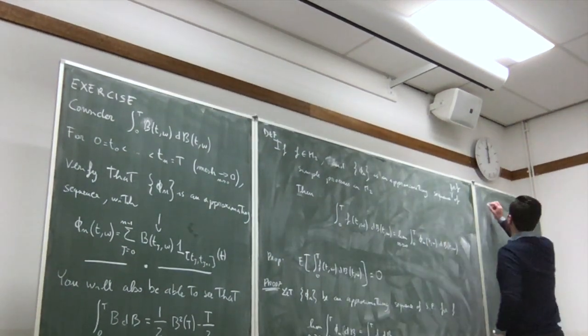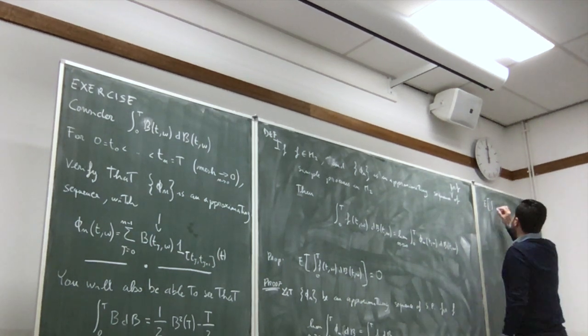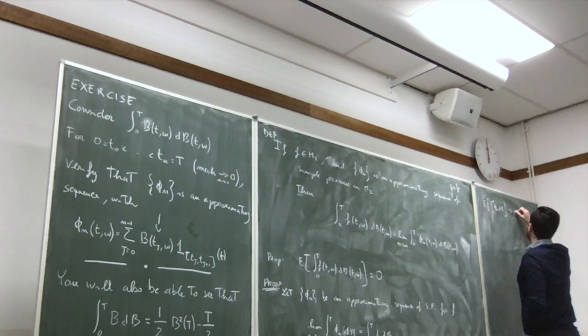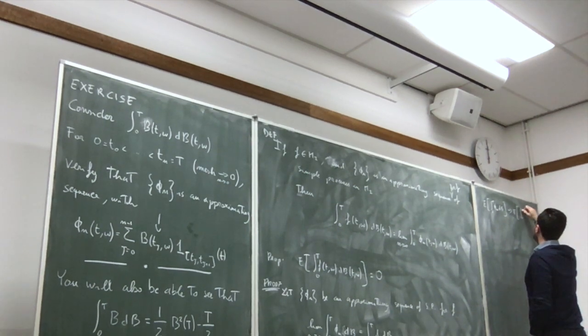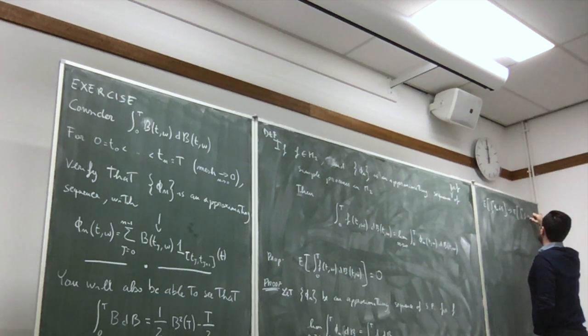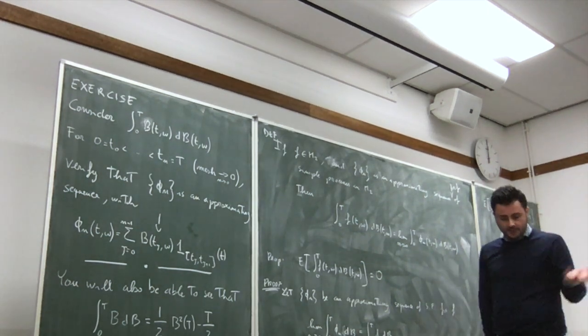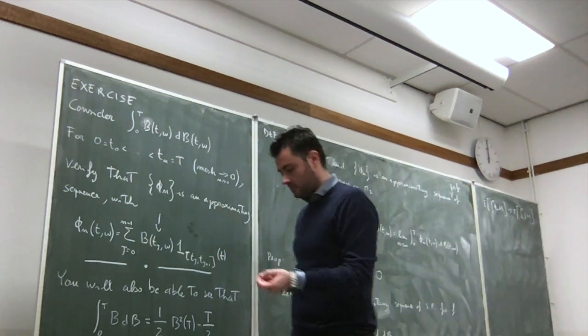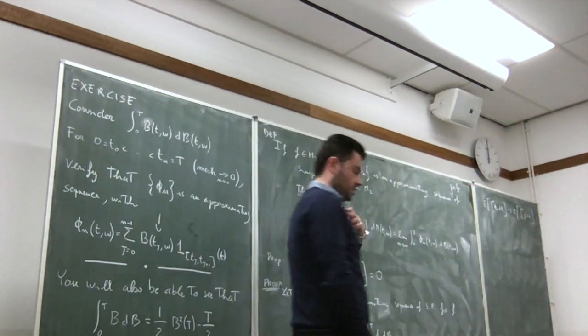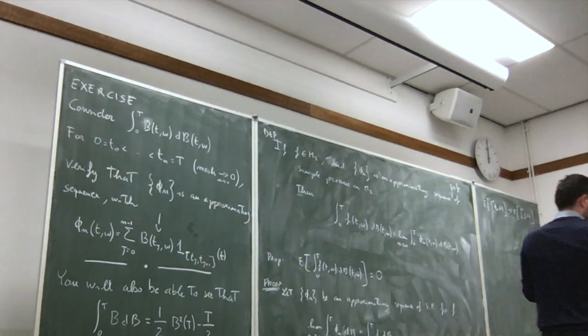We know that if I take the expectation of the integral of phi_n dB, this expectation will converge to the expectation of the integral from 0 to t of f dB, because my phi_n are elements of an approximating sequence for f. So we have this convergence in the expectation.